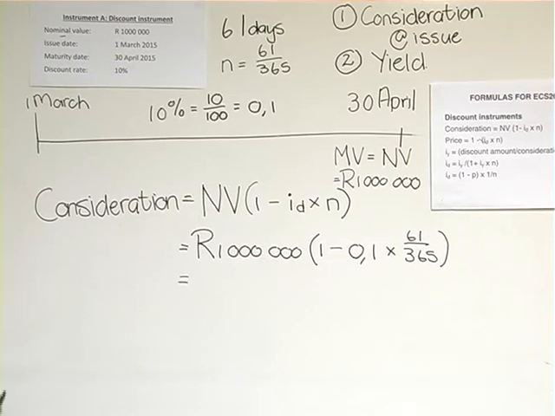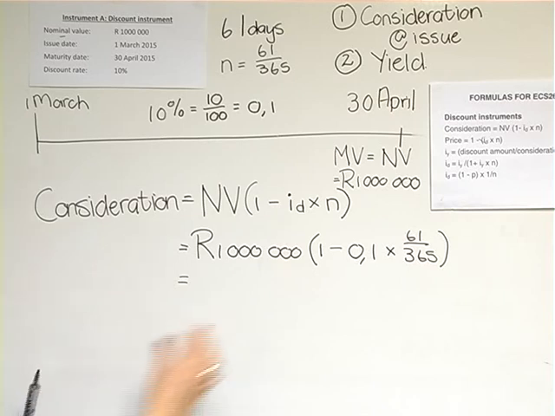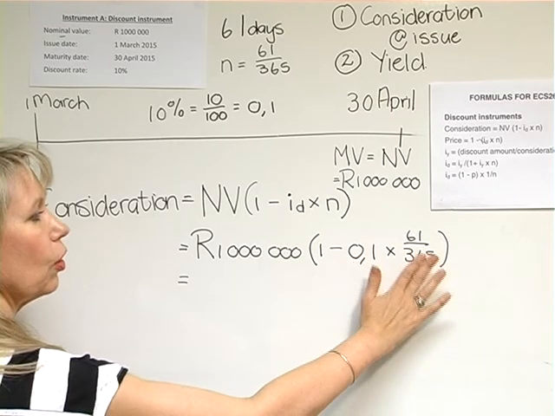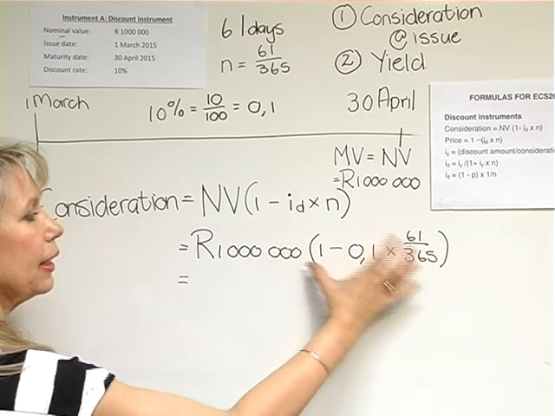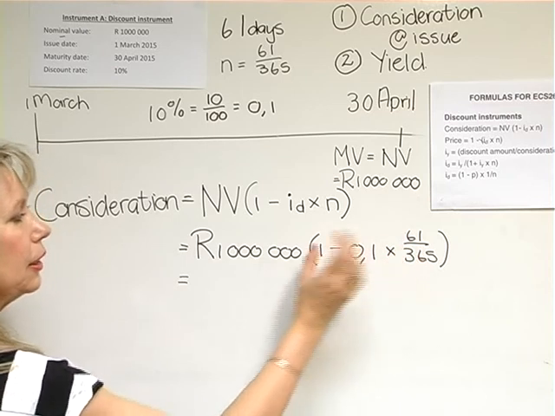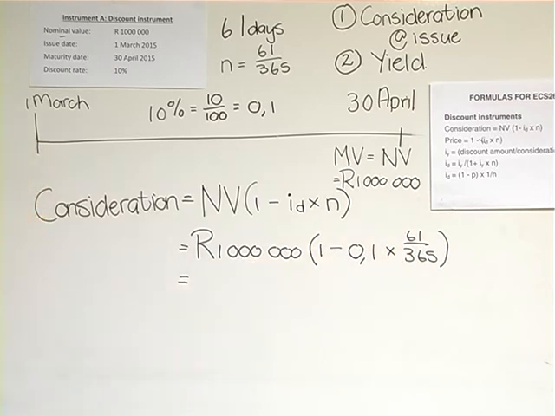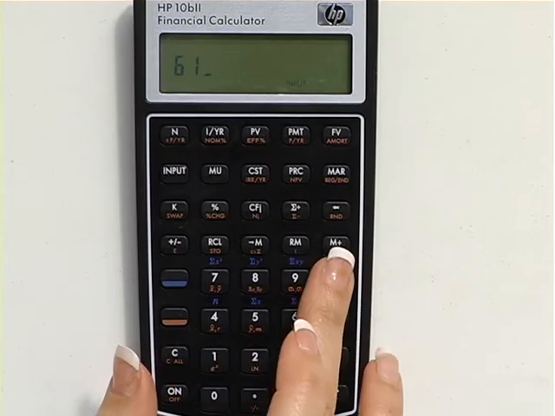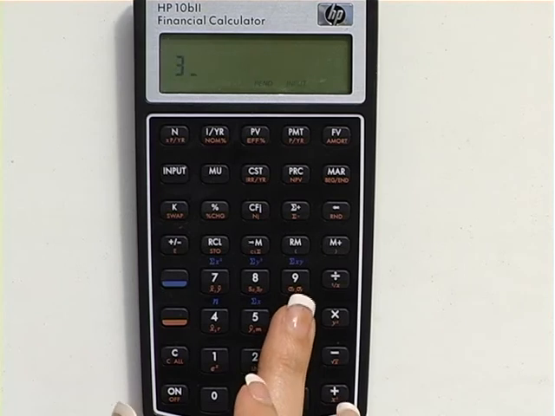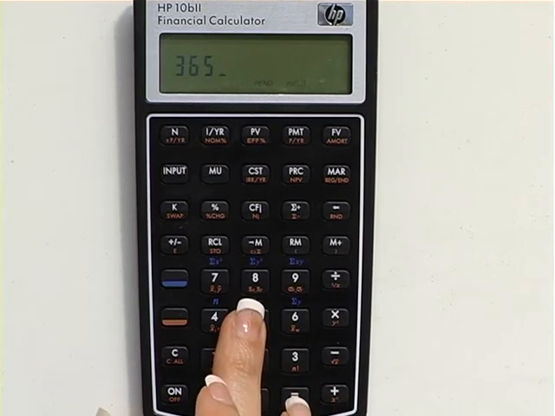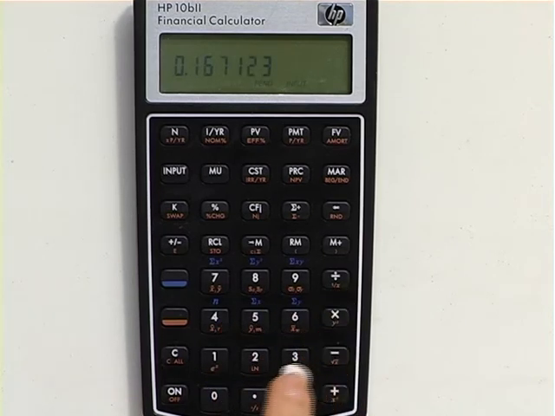Right, so all we have to do now to calculate the consideration is to do the calculation. You use your calculator for that, and what I do is I always start from the back, work out the amount in brackets first, multiply by the nominal value, and then you have your consideration. 61 divided by 365 times 0.1 gives us 0,016712.